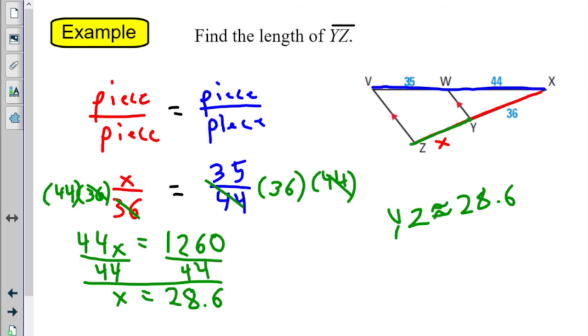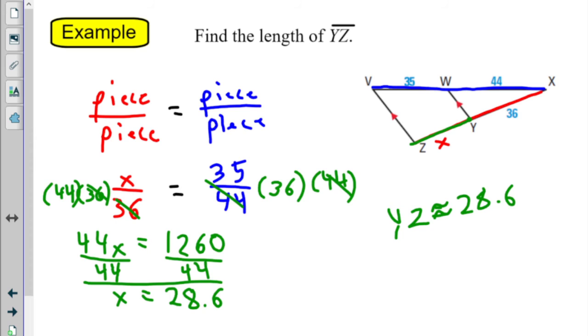You should wind up at this step regardless of that setup, as long as you're keeping consistent in the order that you set things up. If at any point you match up 44 with X, now you're not keeping consistent. And now you're going to get a different answer.